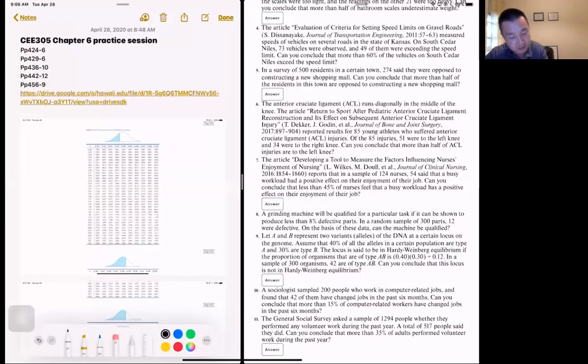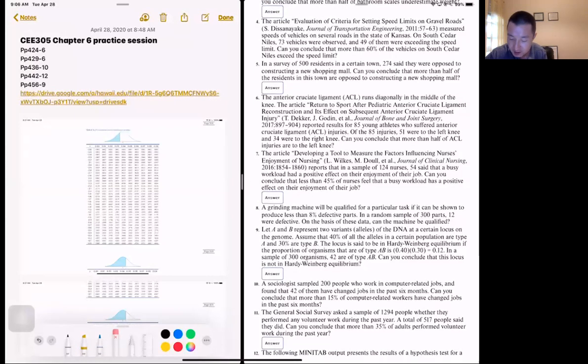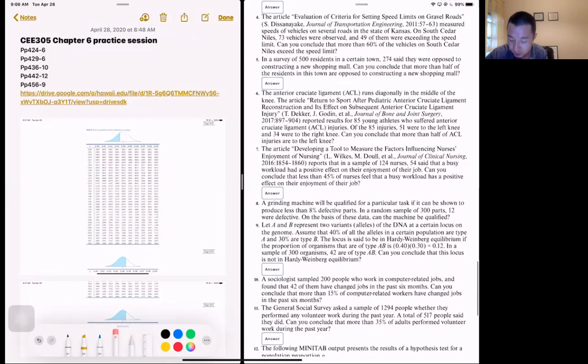So the first question is page 424, question number 6. The ACL, which is the anterior cruciate ligament, runs diagonally in the middle of the knee. So one of the articles reports the result for 85 young athletes who suffered ACL injuries.